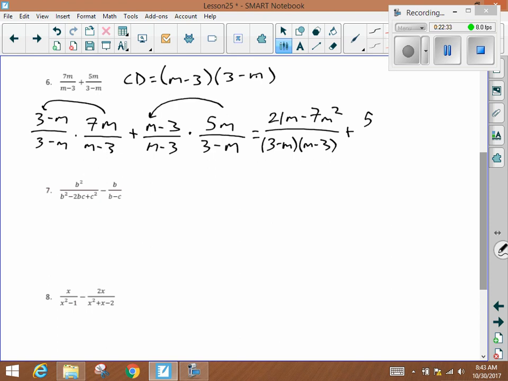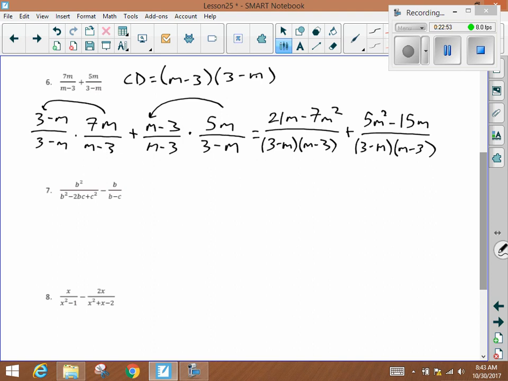I'm going to distribute as if I was UPS trucks. Negative 15m over 3 minus m times m minus 3 in my denominator.